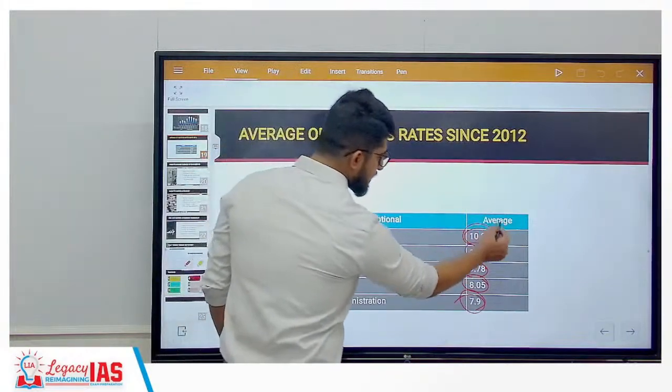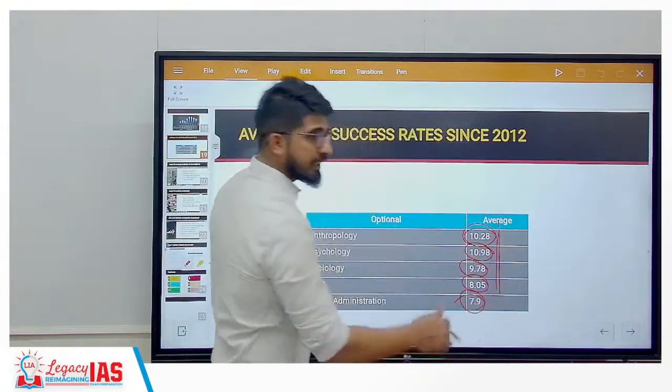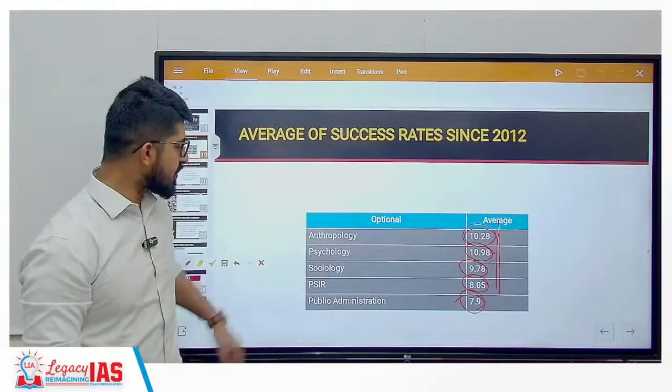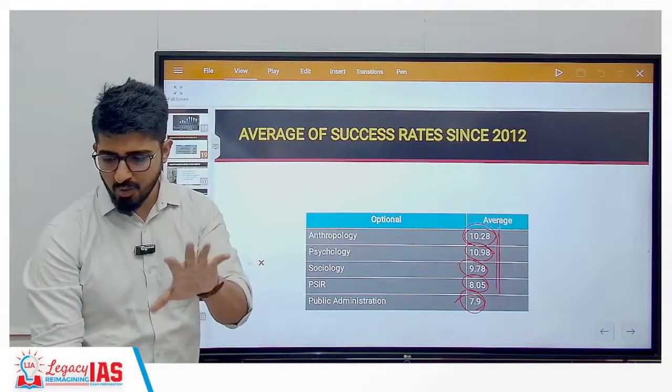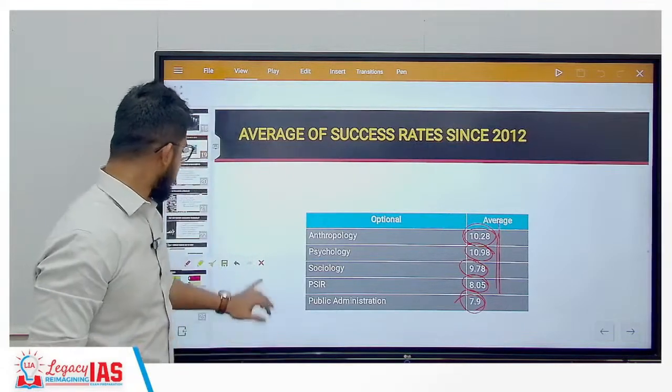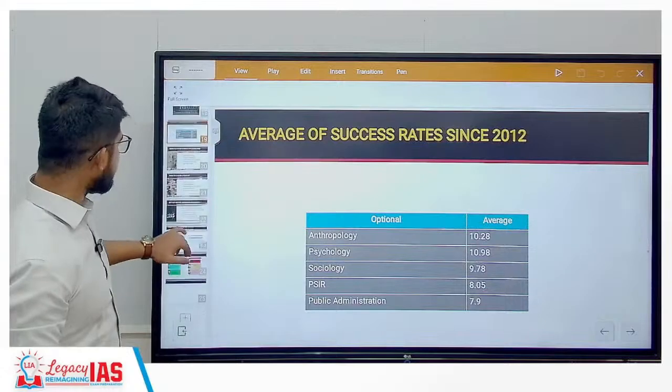So whichever subjects have had the highest success rate in the last 8 to 10 years, those are the optionals that are provided here. So I think you found the reason why we provide only these as optionals. Next.